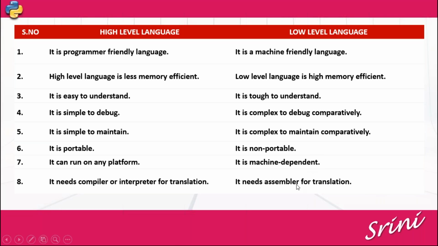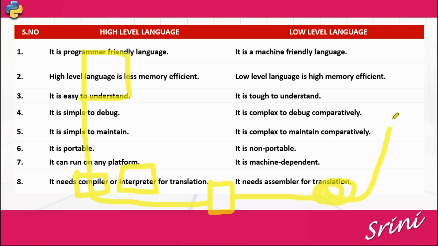Assembly language requires an assembler for translation, but high level languages need either a compiler or an interpreter. Very simple to understand. The high level code using a compiler is translated into low level code so that hardware can understand and execute it. The interpreter directly translates and executes and gives you output.